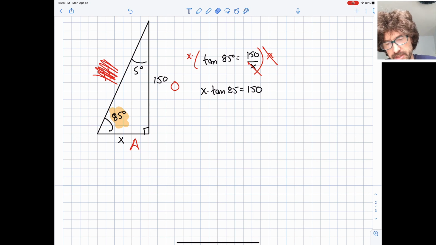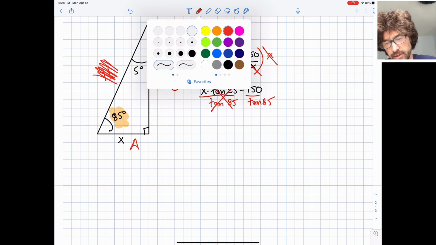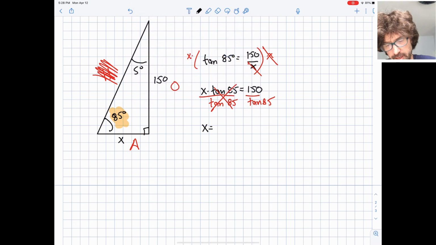Let's divide both sides by the tangent of 85 to get x by itself. Remember, the tangent of 85 is a number, so it's okay to just divide both sides by a number, although it might be an unfamiliar way of dividing than what you've done before. But we get an answer of x is 150 divided by the tangent of 85.